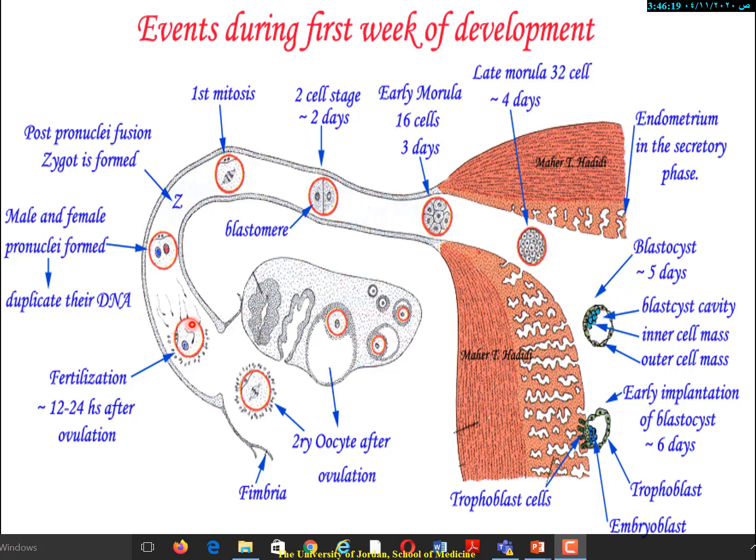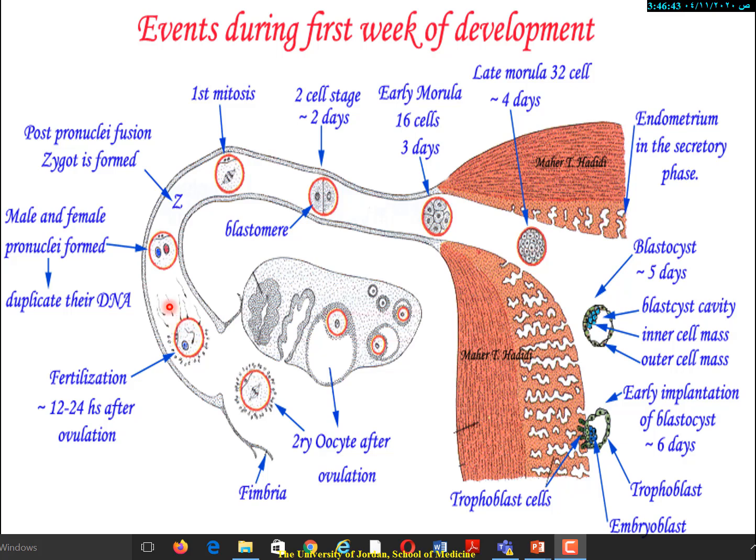Now at fertilization, which is the second event, ovulation, fertilization, we have restored the 2N structure. This is a somatic structure. This is the zygote. This is the unicellular embryo, or you can easily call it fertilized egg.